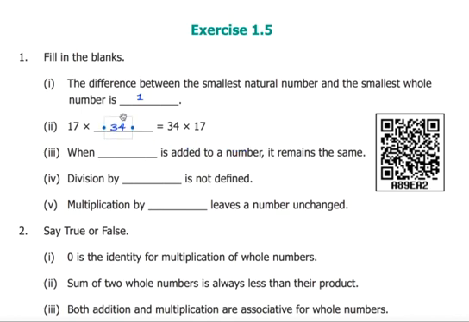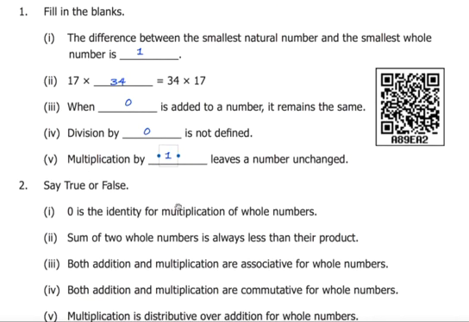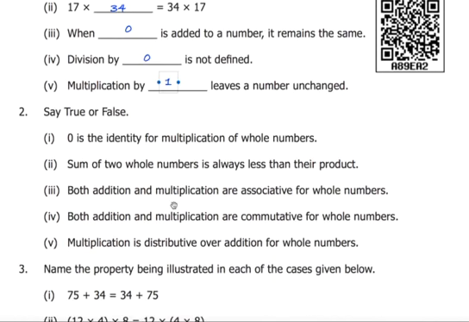When dash is added to a number, it remains the same, 0. Division by 0 is not defined. Multiplication by dash leaves a number unchanged. Multiplication by 1 leaves a number unchanged.